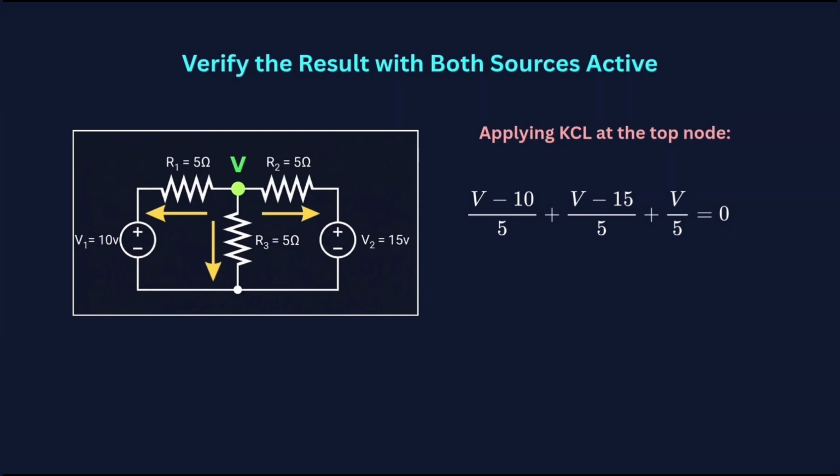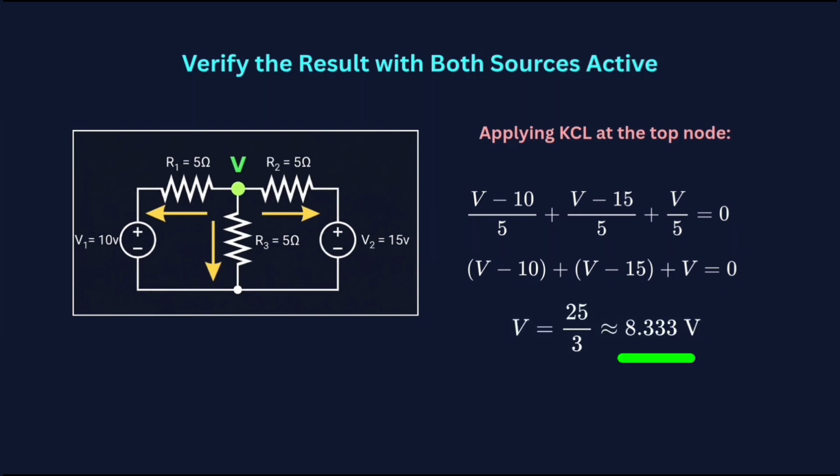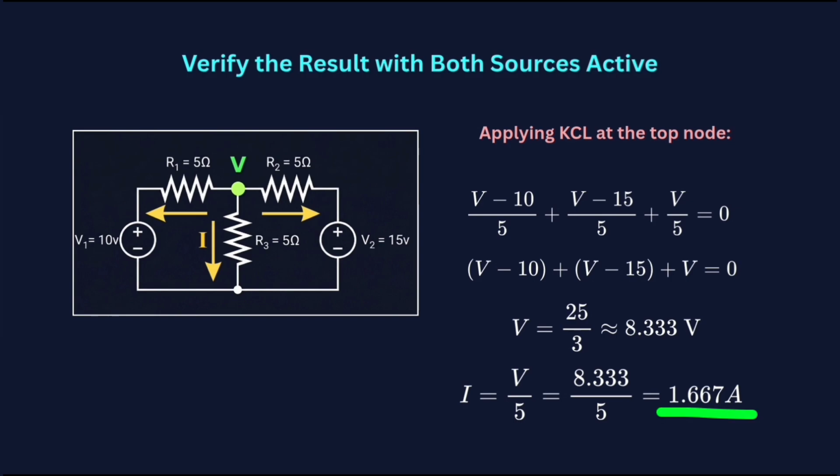Multiplying by 5, we obtain V minus 10 plus V minus 15 plus V equal to 0, or V equal to 8.33 volt. The current through resistor R3 is given by I equal to V by R, which is nothing but 1.667 amperes. And because of the direction we have considered, this current is pointing downwards.